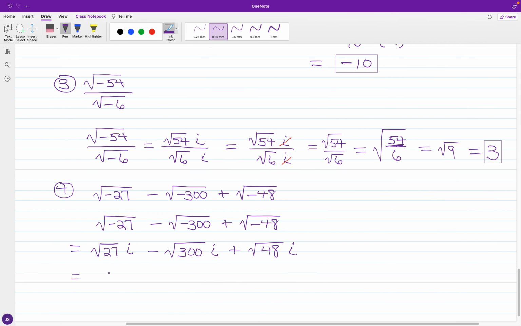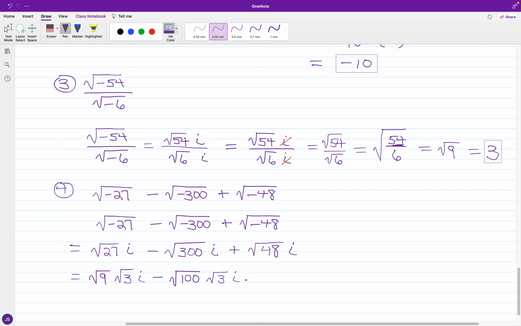So it looks like we don't have like radical terms, but if you look at simplifying or reducing, now for 27, not a perfect square, but it is the multiple of a perfect square greater than 1, and that number is going to be 9. So factoring out the square root of 27, that'll be the square root of 9 times the square root of 3. For 300, 300 is not a perfect square, but it is the multiple of 100, which is the highest perfect square divisible into it.